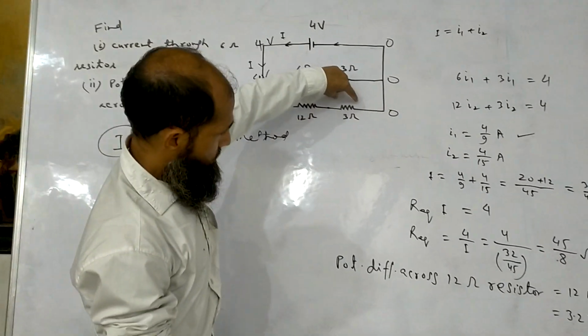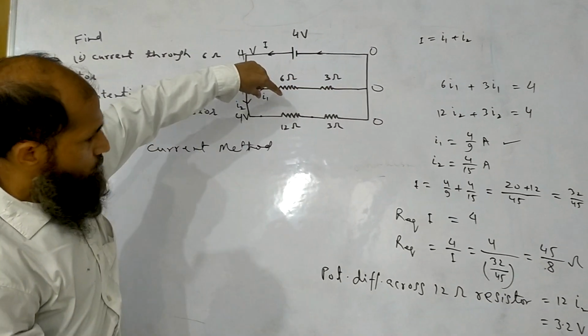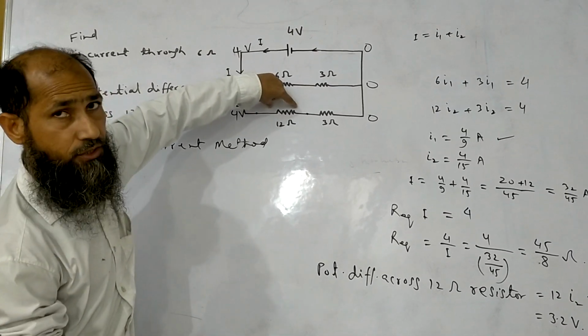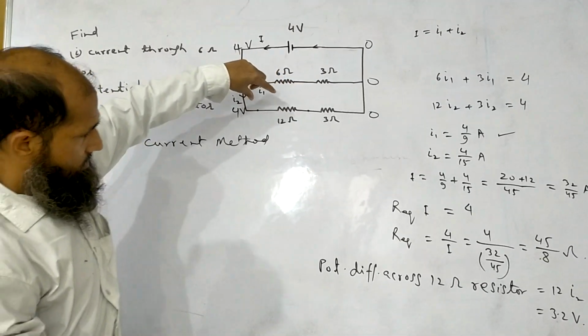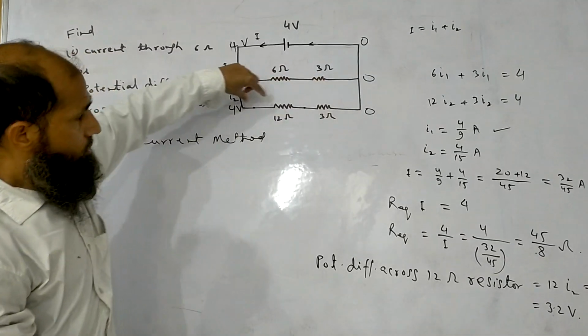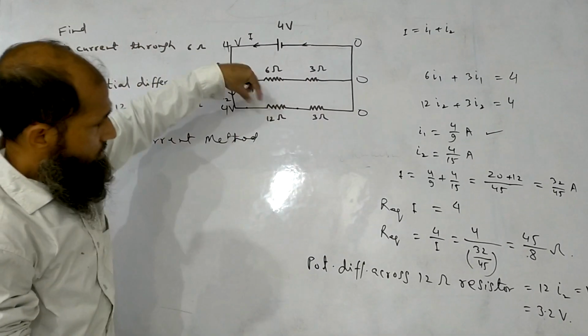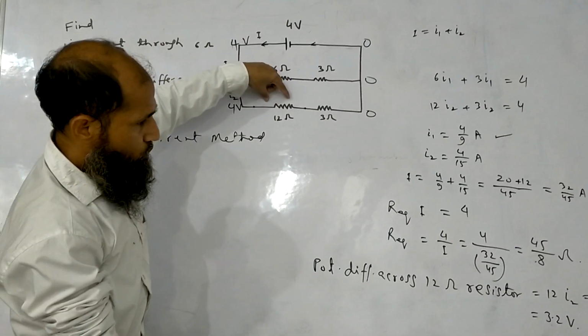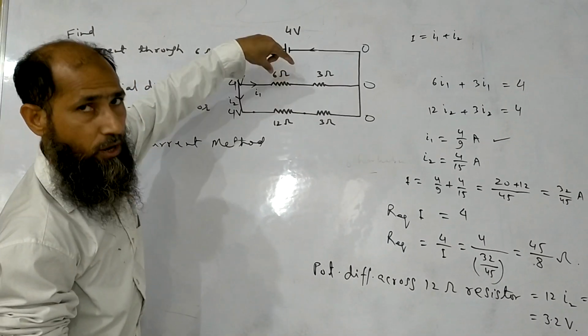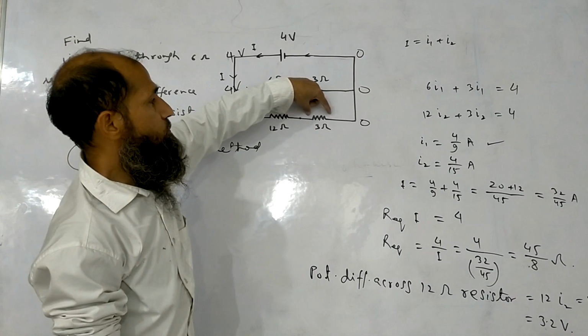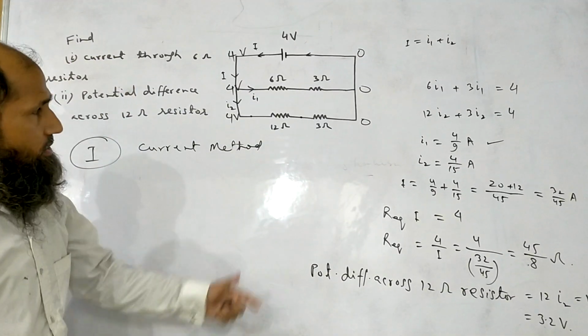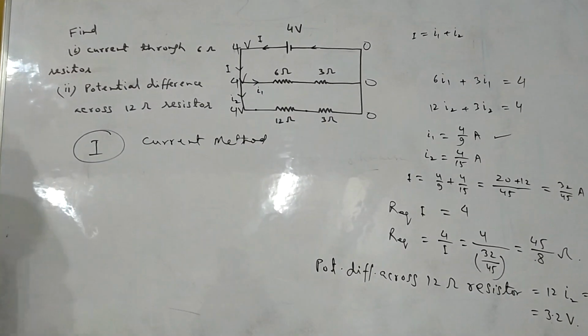So 0.8 volt across this and 3.2 volt across this resistor together, that is 4 volt. So 4 volt potential difference across this is distributed in two parts: 3.2 volt potential drop across this resistor, and then 0.8 volt across this resistor. So that's it. That is the first method.